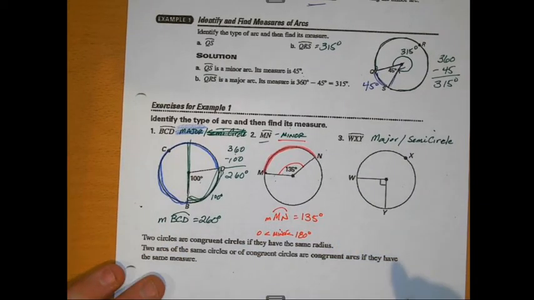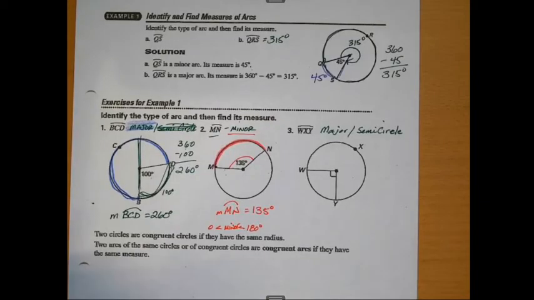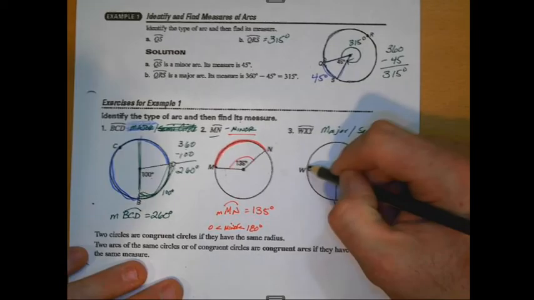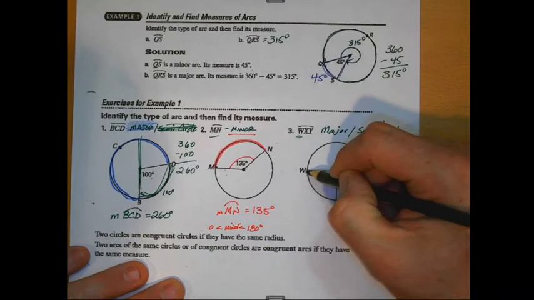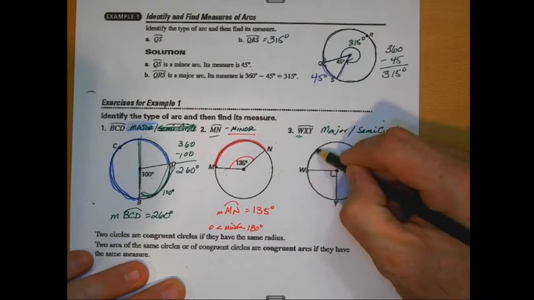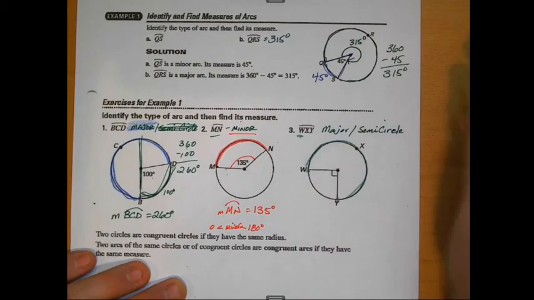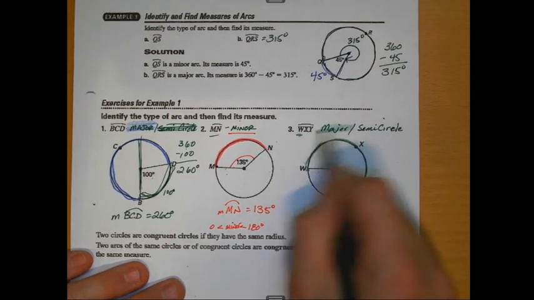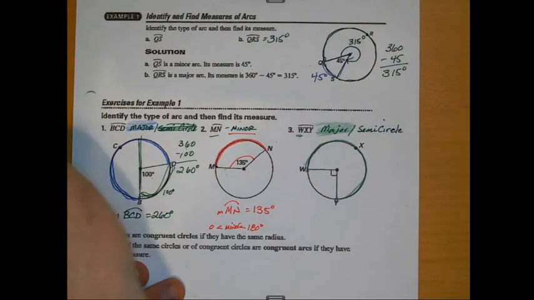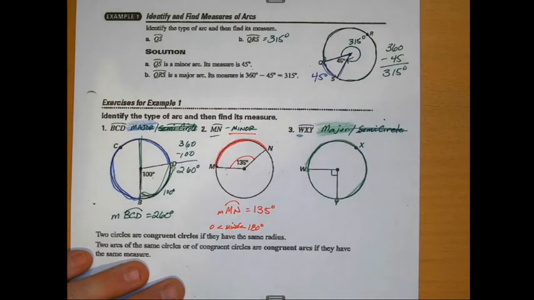All right, how about W, X, and Y? Start at W, end at Y, go through X. Major, minor, or semicircle? So this would be a major arc, not a semicircle.